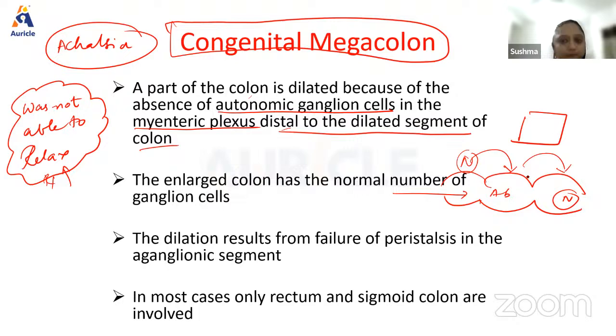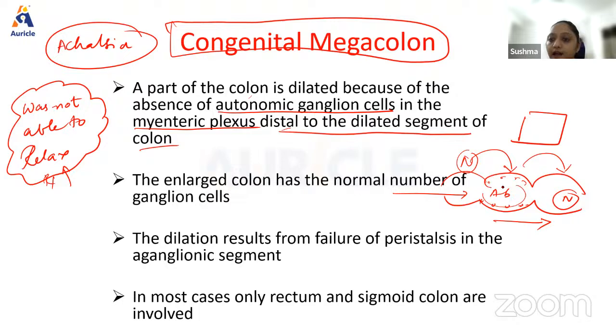Peristalsis means it should contract so that the food gets pushed to the next segment, and this process continues. In congenital megacolon, the ganglion cells over here are absent, because of which this particular segment is not able to push the food or whatever the content into the next segment.